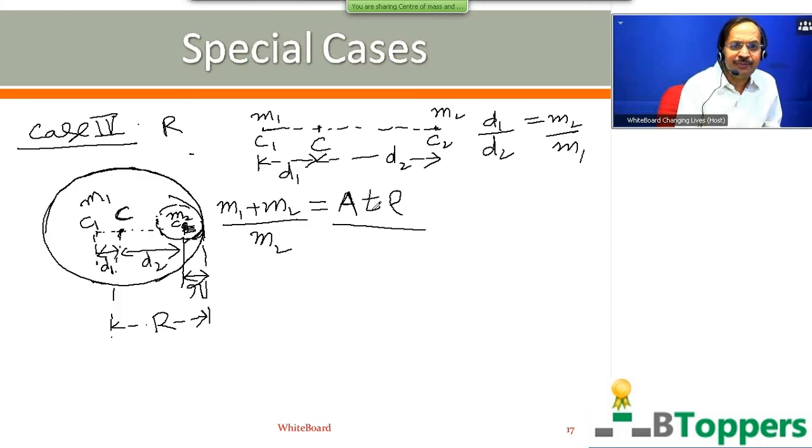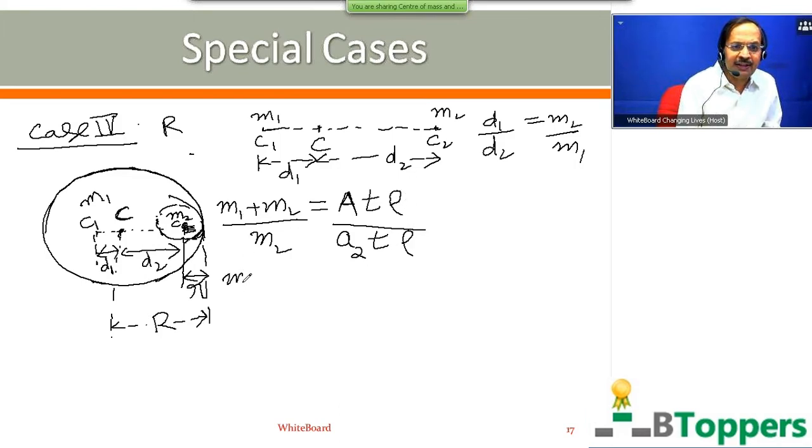Rho denotes the density here. The mass M2 of the circular piece removed is equal to the area of the circular piece removed, which I denote by small a or A2, into T. That means the face area of the circular piece into thickness gives the volume of the circular piece, into density. It is a uniform circular piece, so thickness and density are the same for both.